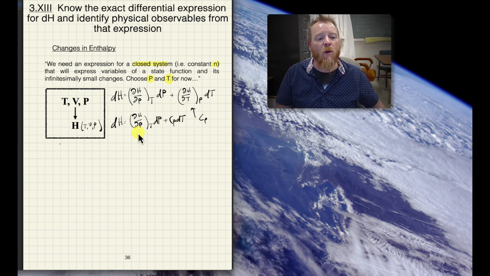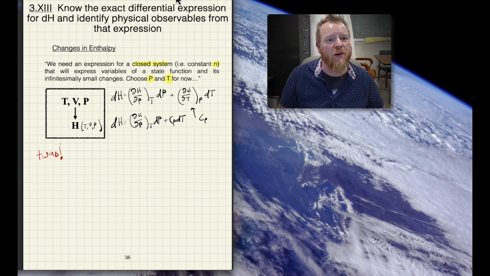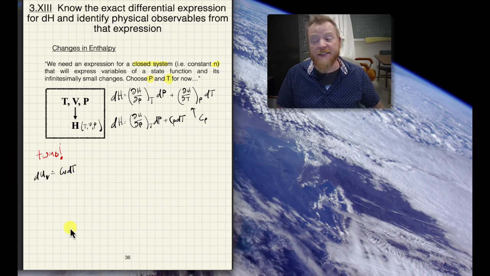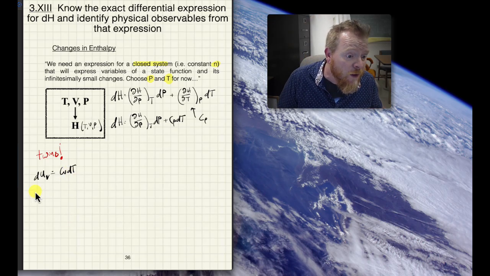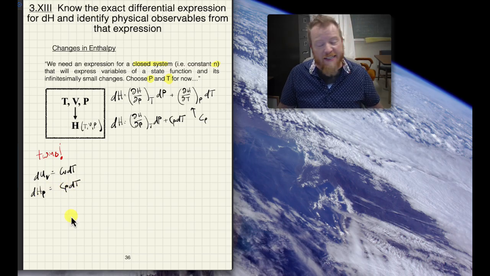And what I want to note also is, don't forget our twins. We looked at, in an adiabatic way, dU at constant volume equals Cv dT. Well, dH at constant pressure equals Cp dT.